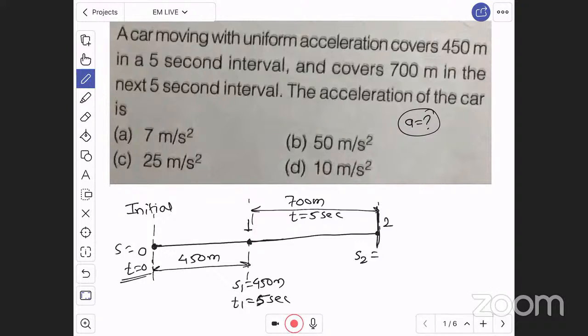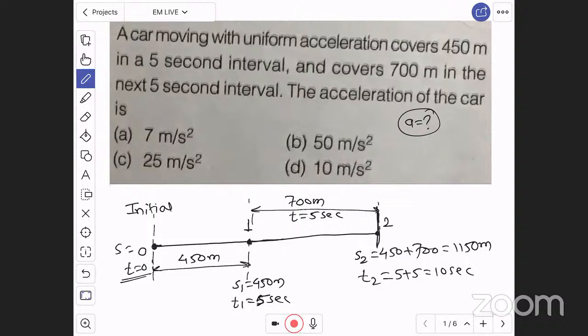Therefore, S2 is 450 plus 700, which is nothing but 1150 meter. This is S2. Now, what is T2? From initial, for the first 5 seconds it reached position 1, and in another 5 seconds position 2, means 5 plus 5. Total time is 10 seconds. This is T2.